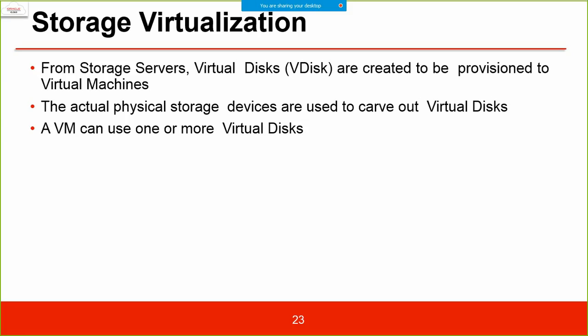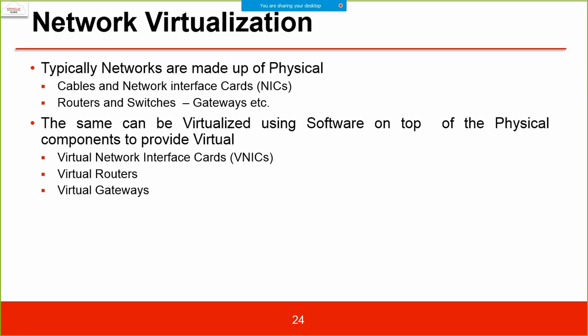From the storage server, virtual disks are created to be provisioned to virtual machines. The actual physical storage devices are used to carve out virtual disks. A VM can use one or more virtual disks, and that's what I have also done. I will show you virtual machine creation and demonstrate this virtualization concept. I will show you very briefly how to install, and it will be great for you if you do it yourself also. I will demonstrate this right after this session.